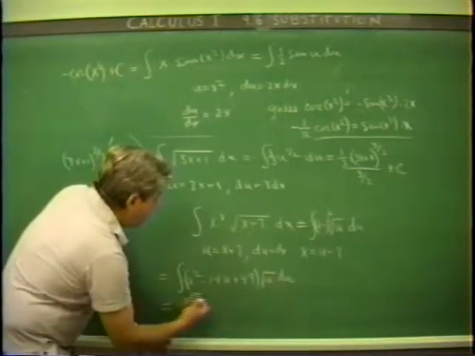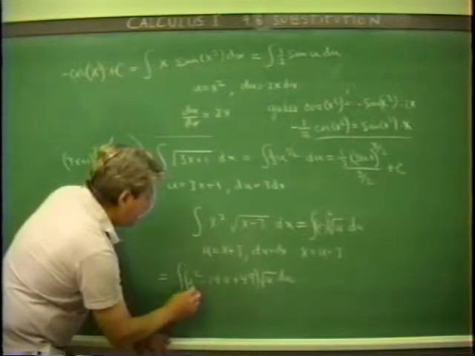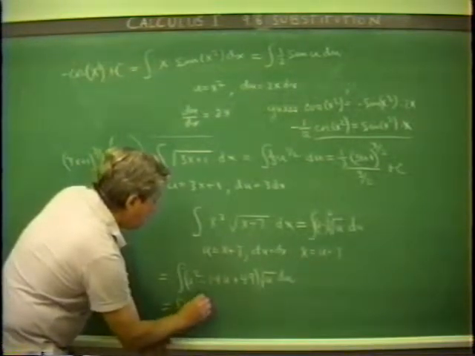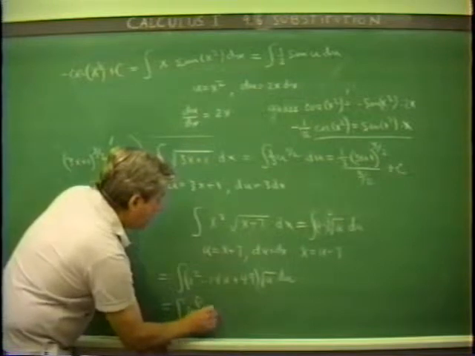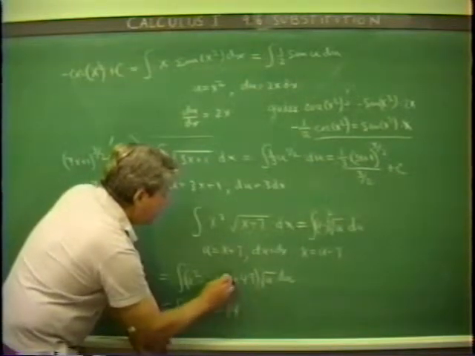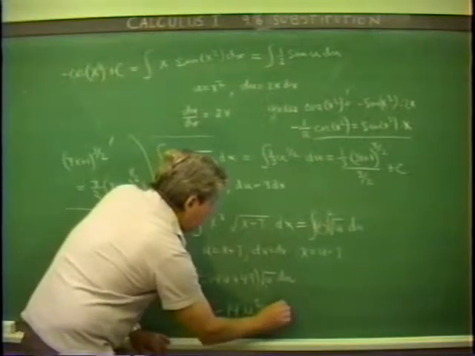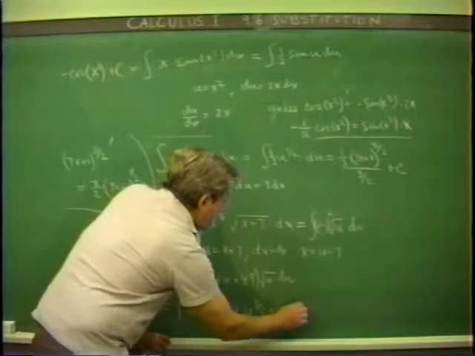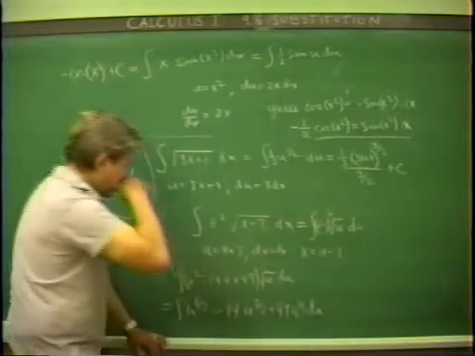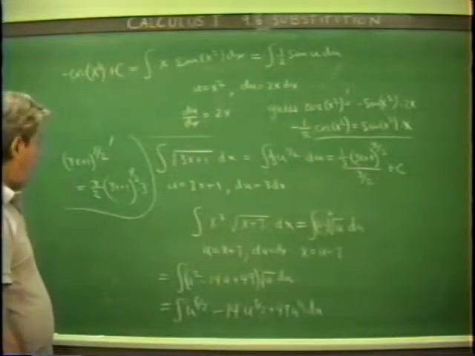That's to say, if we put it into the following form, if this is u to the 1/2 and I multiply this out, this becomes u to the 5/2 minus 14, this is u to the 1 times u to the 1/2, u to the 3/2, plus 49 u to the 1/2 du.